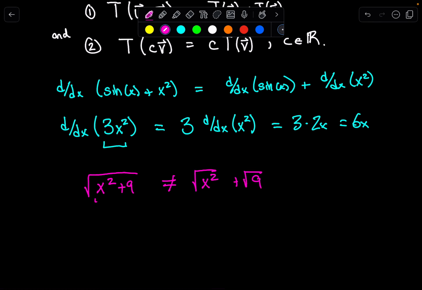This is something that we can't simplify, and there's more to be done if we wanted to work with this. These are definitely not the same. And so nonlinear operators such as the square root tend to leave things in messier forms. They tend to be harder to work with. There's more things that we have to be careful with.